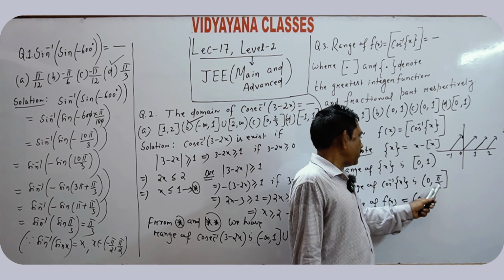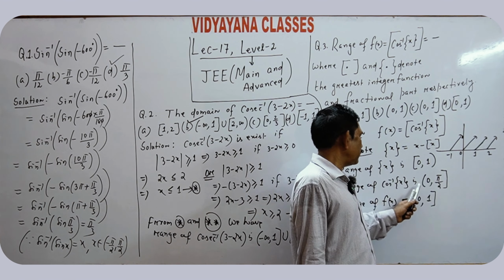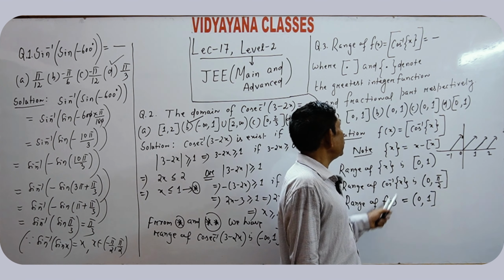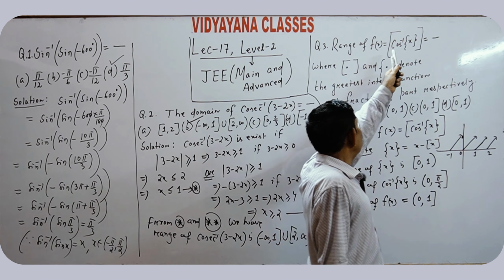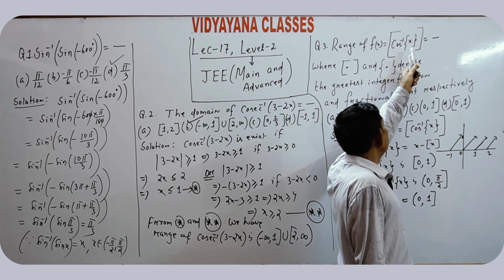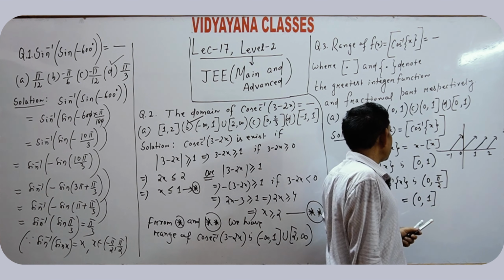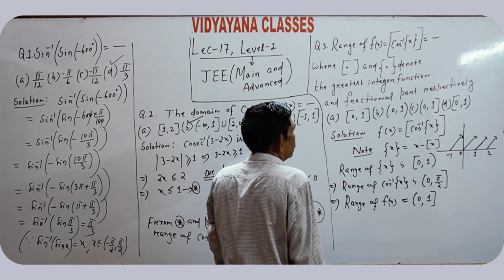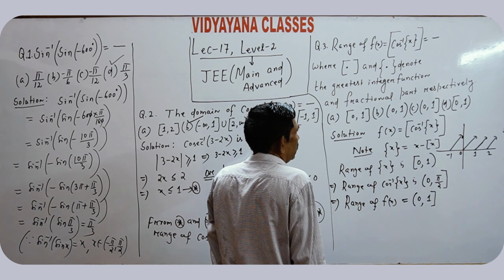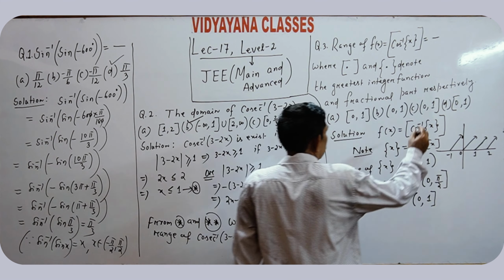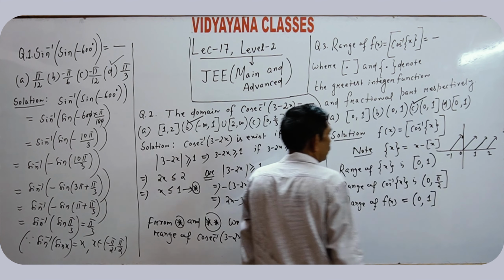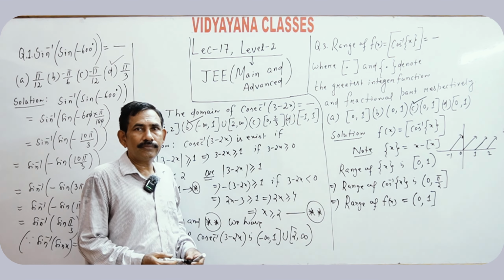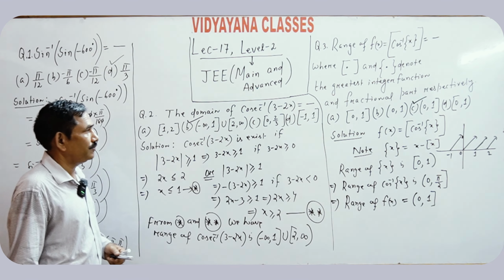So the bracket of pi by 2 is 1, it is closed, and the bracket of 0 is 0. So the range of f(x), that means the bracket of cos inverse of the fractional part of x, is open 0, 1 closed. So the correct option is C. Clear? Okay, note down.